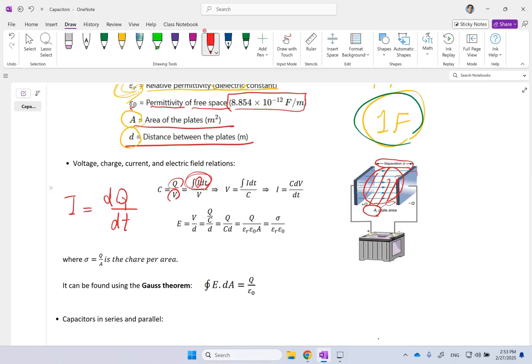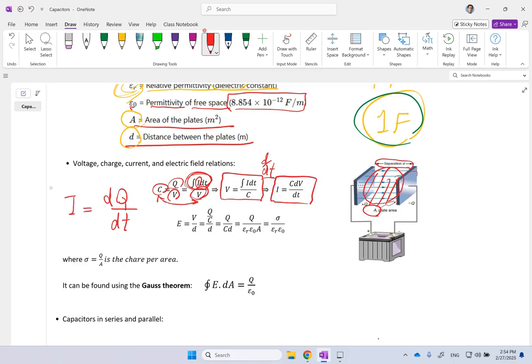So if I replace that Q with the integral of I dt over V, then you see the relation between capacitance, electric current, and voltage. And if you swap C and V, here is the voltage-current relation. V is the integral of I dt over C, or if you take the time derivative of this, then you see that the current through a capacitor is C dV over dt.